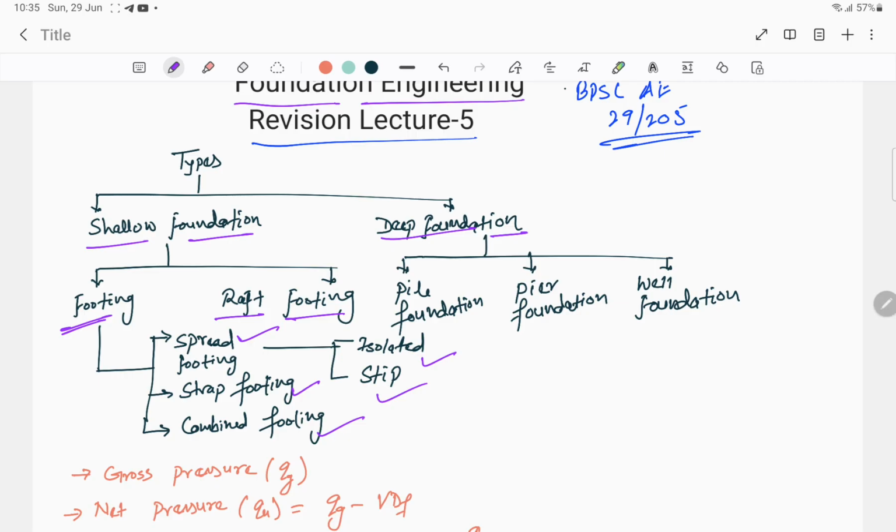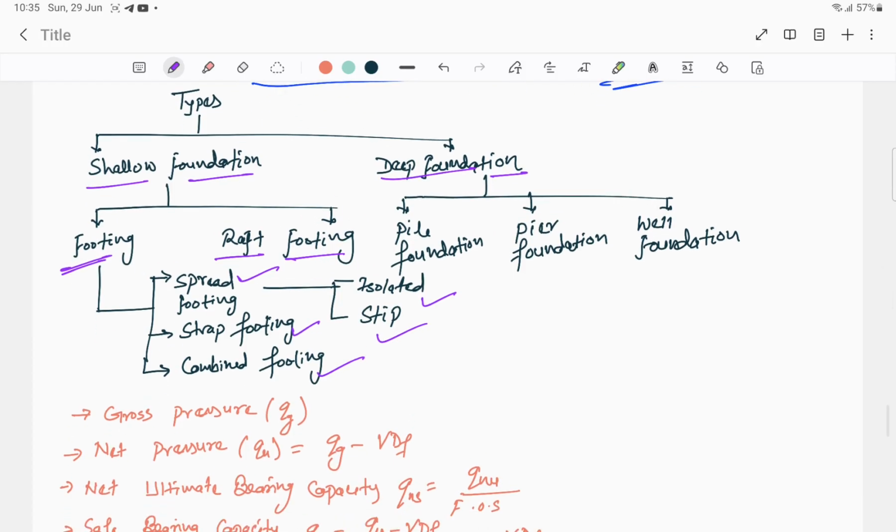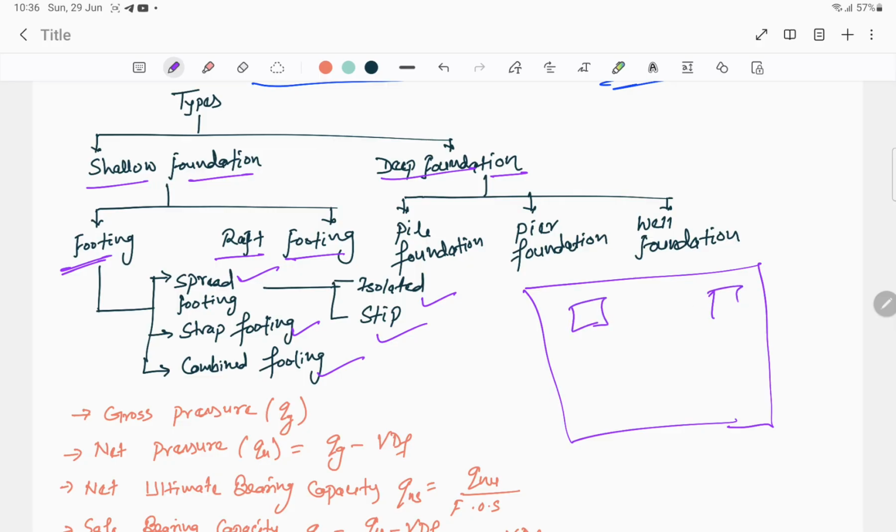And raft footing is also called mat foundation. So when so many columns are there, suppose this is the area, and 2, 3, 4 columns are coming on it. These columns may be rectangular or circular.